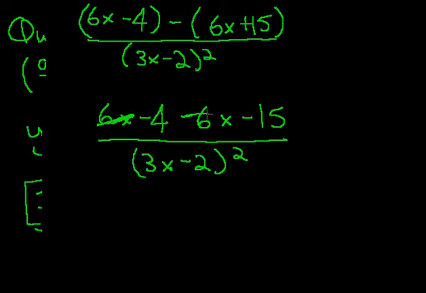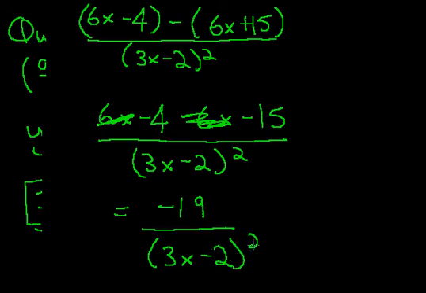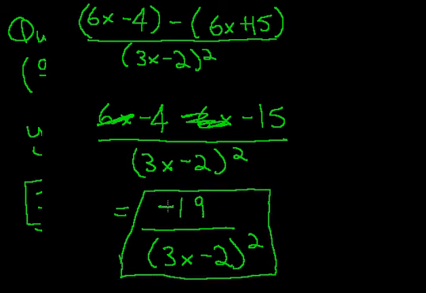We can see 6x and a negative 6x, so we can cross those off. And so we end up with negative 15 minus 4, which is negative 19, over (3x minus 2) squared. I don't see any more simplification in this. We could actually square this, but it's fine to leave it in this form. So this is our final answer.